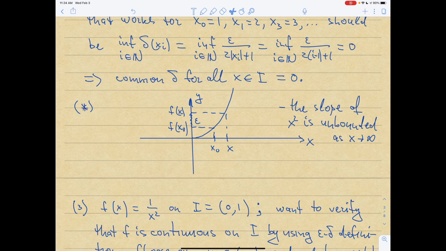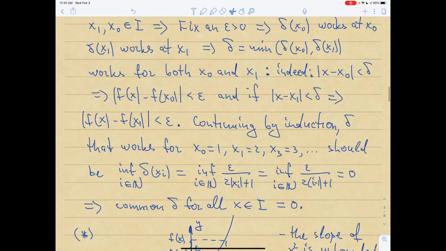The function is continuous, but a common delta does not exist because delta will become smaller and smaller if I shift the window upward, and I can continue shifting it upward all the way to infinity because the graph continues all the way to infinity as x gets bigger and bigger. So there is no common delta here, and the function is continuous, and the interval is closed but not bounded, right? It has infinite length.